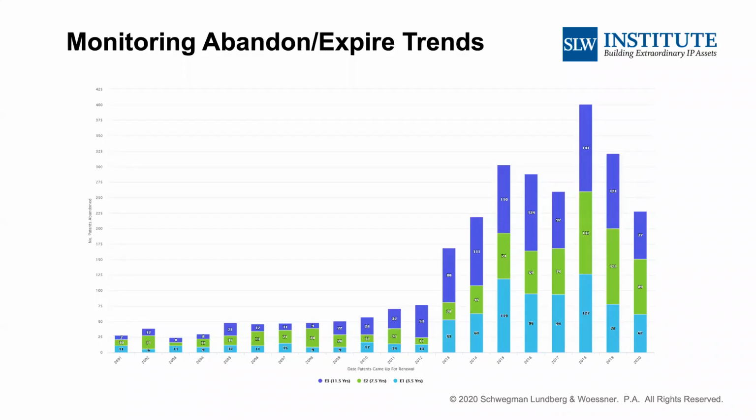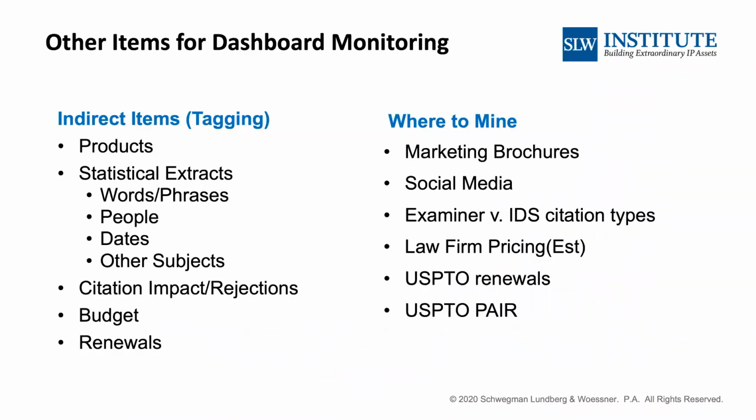Absolutely. Well, let's move to the next slide. Let's start covering some of the less obvious things in dashboard monitoring. A lot of dashboards allow you to assign your own classifications to products or to notions that you care about, where statistical extracts of noun pairs and various individuals and so forth.